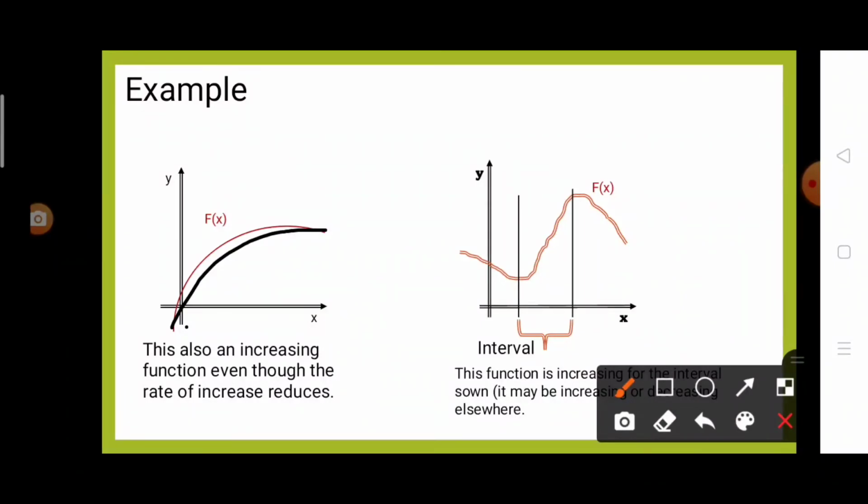The function is increasing for the interval, and it may be increasing or decreasing elsewhere. So this is the interval: it is decreasing, increasing, and decreasing. This point here is the interval of that function.